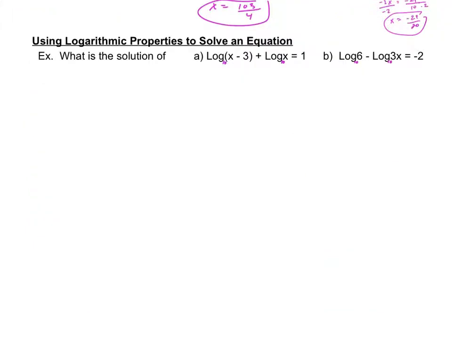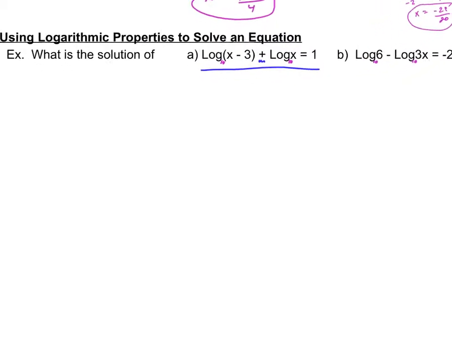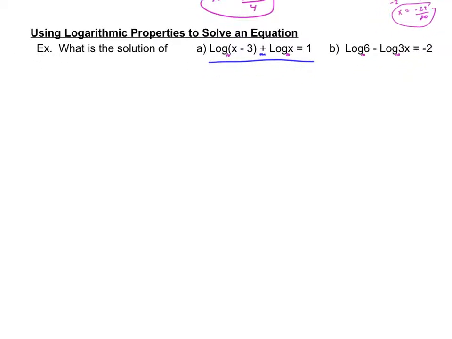All right, using logarithmic properties to solve. Well, this is going to be a challenge for me because I have two different logarithms there, but I do know that I can bring them back together as a single log. And since I'm going to reverse this and go from an expanded term to a single term, I know that this plus sign is indicating multiplication.